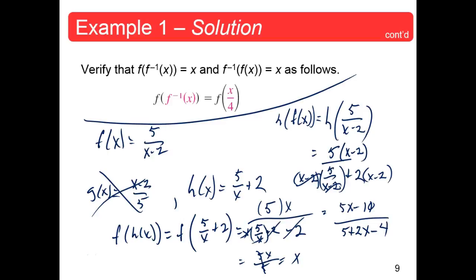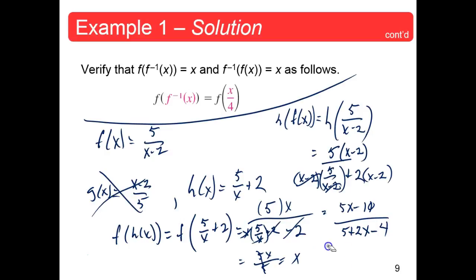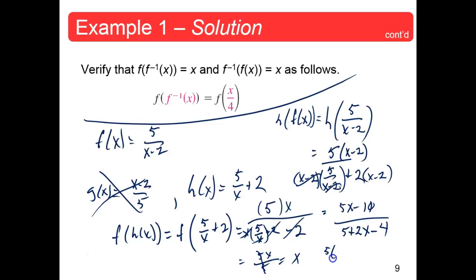Okay, let's clean that up a little bit. Boy, this is getting messy looking, isn't it? That's 5x minus 10. Well, let's factor that. Why not? Can we? Okay, yeah. Because I'm running out of room, I want to save as many steps as possible. So that'll be 5 times x minus 2.